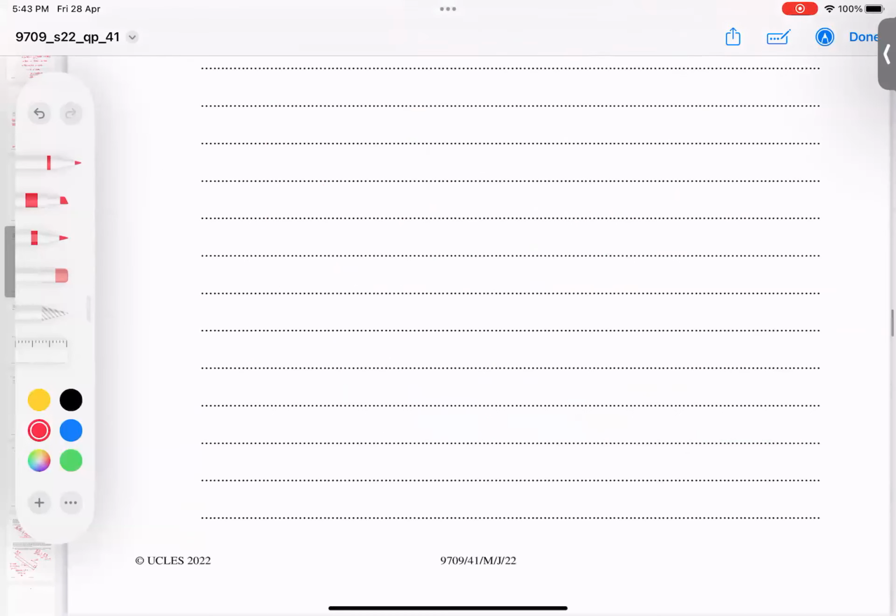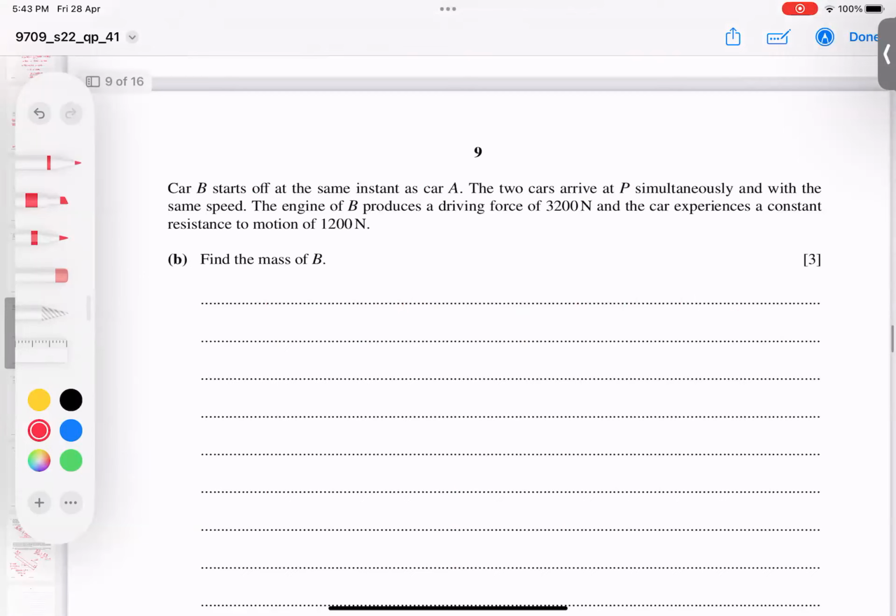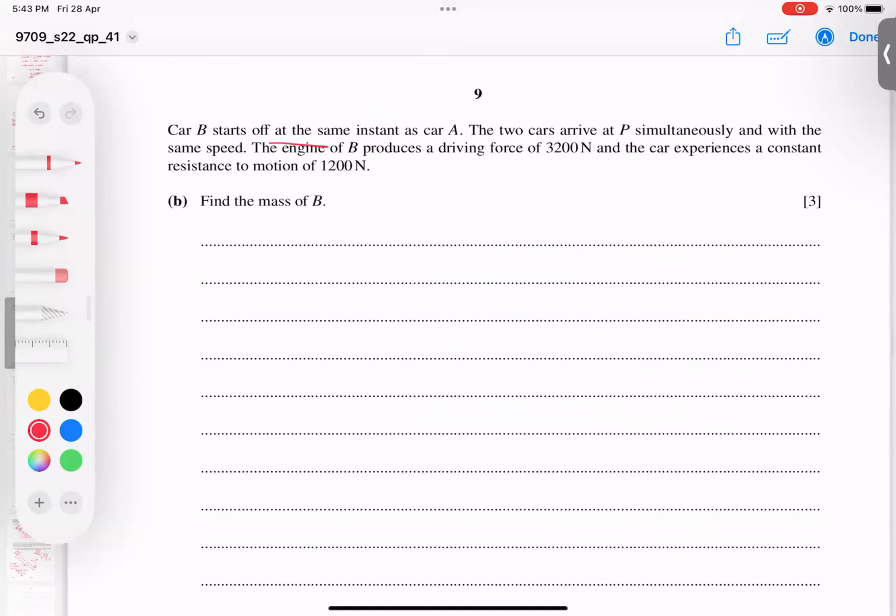So that is what he was asking for. Then he is saying car B set off the same way. The distance is the same, 100 meters. At the same instant as A, the two cars arrive simultaneously with the same speed. It means the ending speed is also the same, 25.